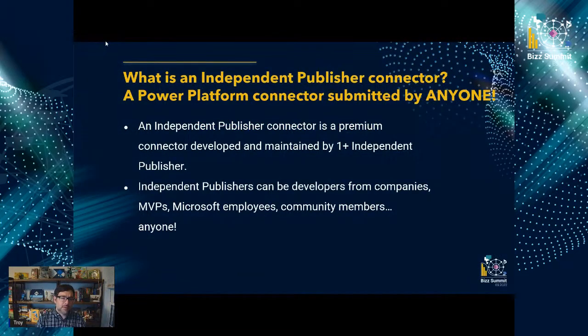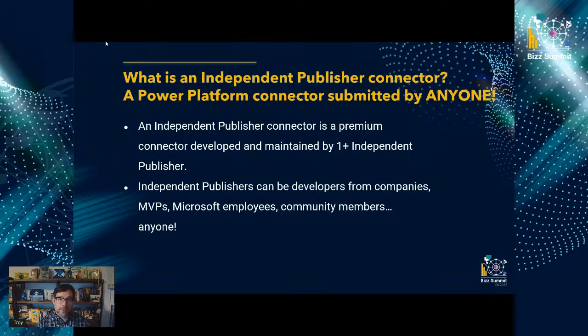As I've been alluding to here in the background, the Independent Publisher Program is a Microsoft-sponsored open source project where anyone can fork the repo and submit their own connector.